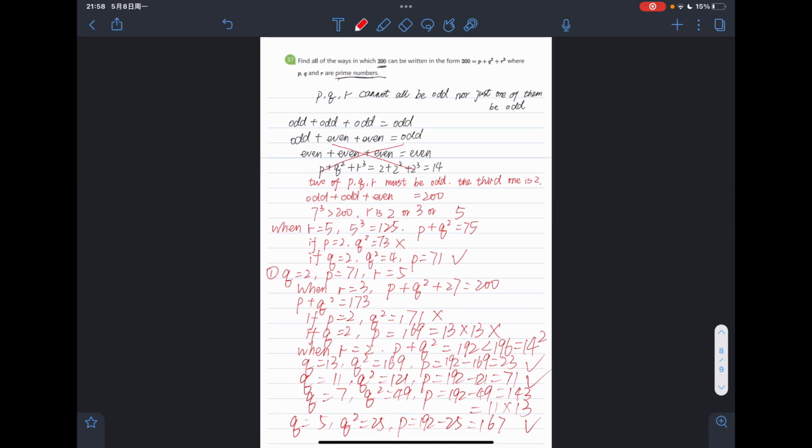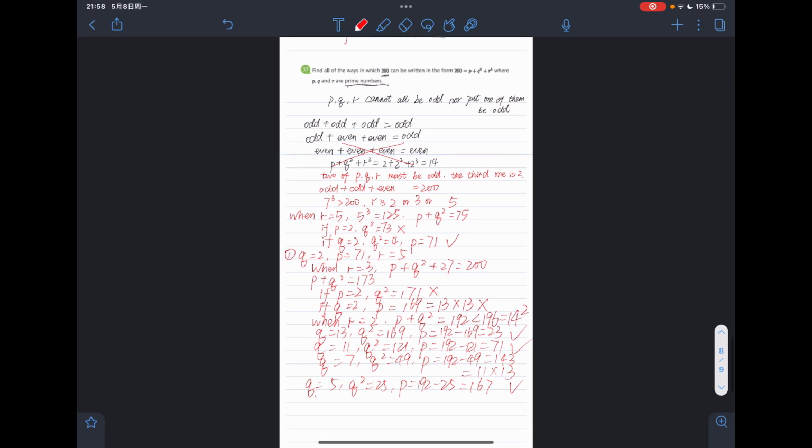And finally, when q is 3, then q squared is 9. p equals the difference of 192 and 9, and then we get 183, which is divisible by 3.